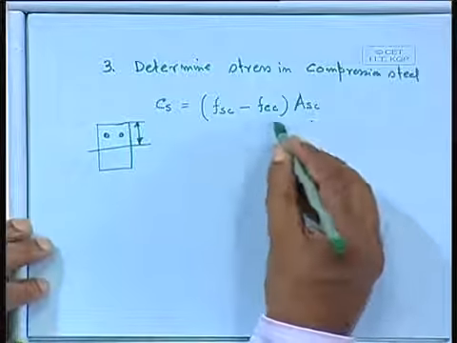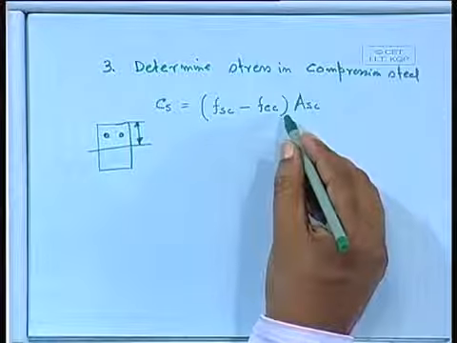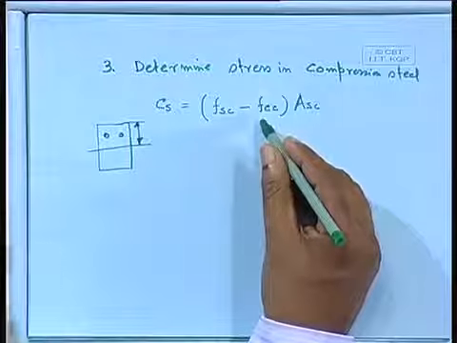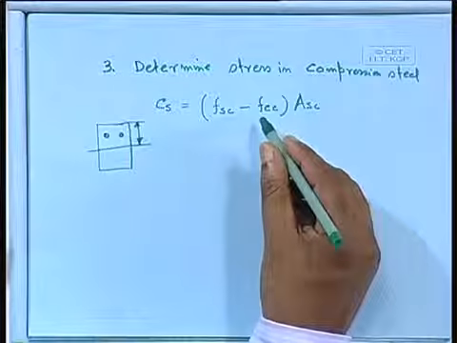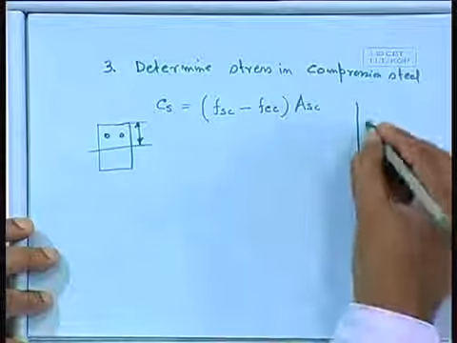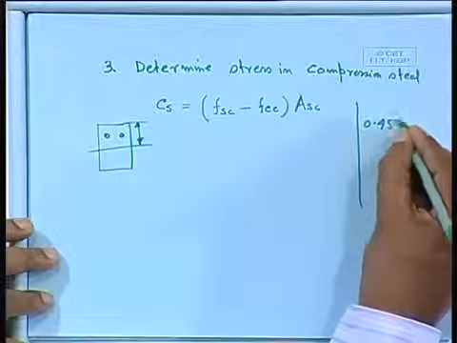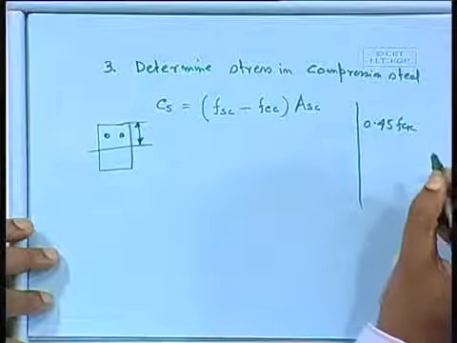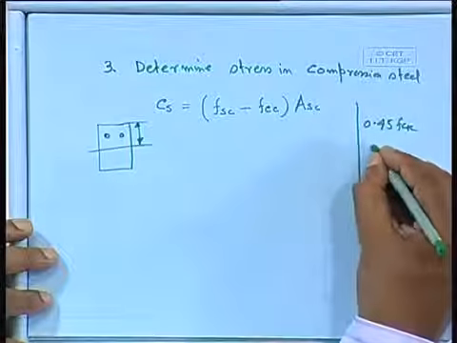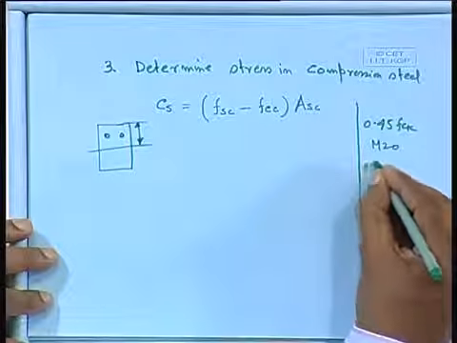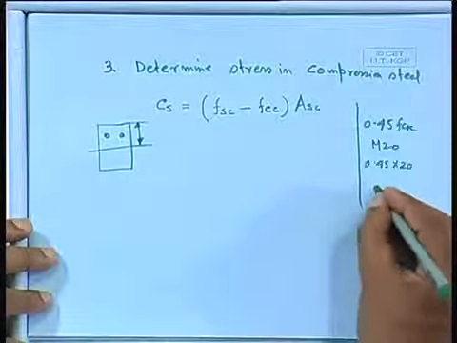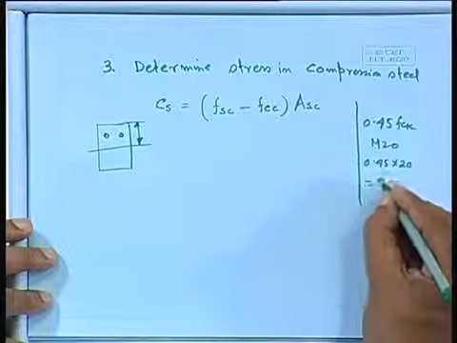However, we can neglect this fcc because it is very, very small. If we take 0.45 fck, with M20 grade concrete at 20 Newton per square millimeter, we get 0.45 times 20, which comes to 9.